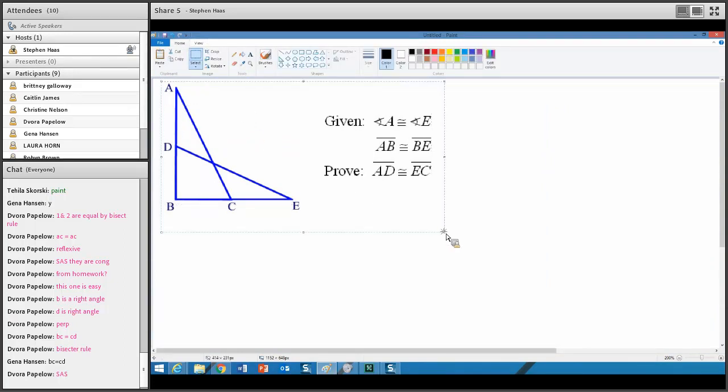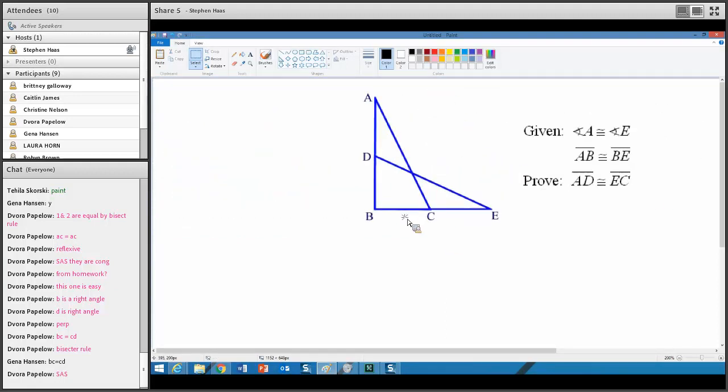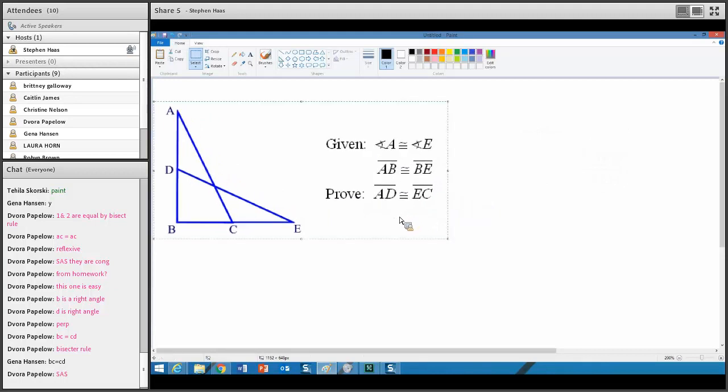One second now. Okay. Let's put this over here. We'll do the proof on the right side this time. Okay, this one looks a little bit more difficult.